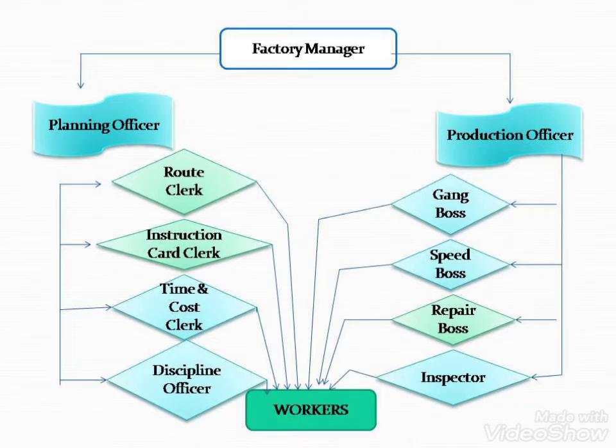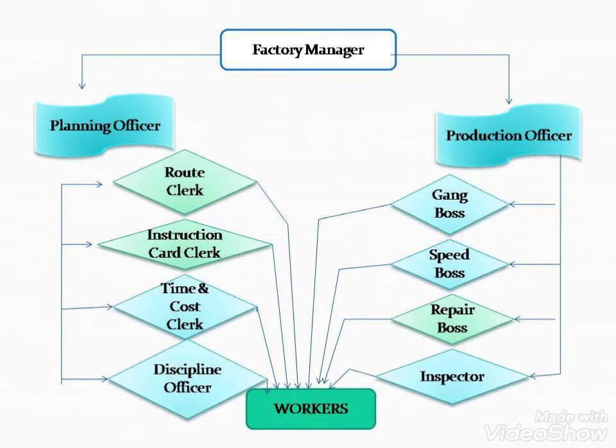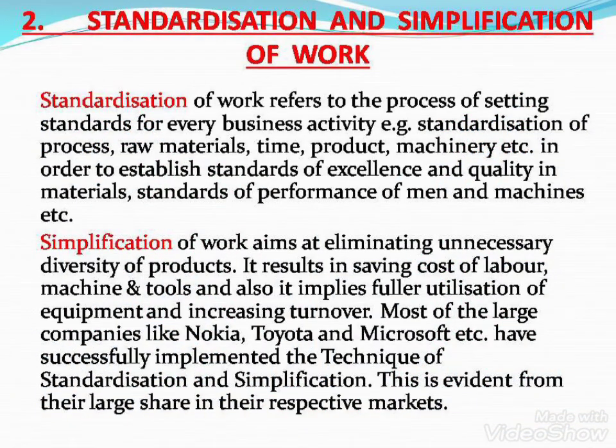According to Taylor, a foreman should have intelligence, education, tact, judgment, special knowledge, honesty, energy, and good health. Since all these qualities could not be found in a single person, Taylor proposed 8 specialists. Each specialist is to be assigned work according to his or her qualities and capabilities.